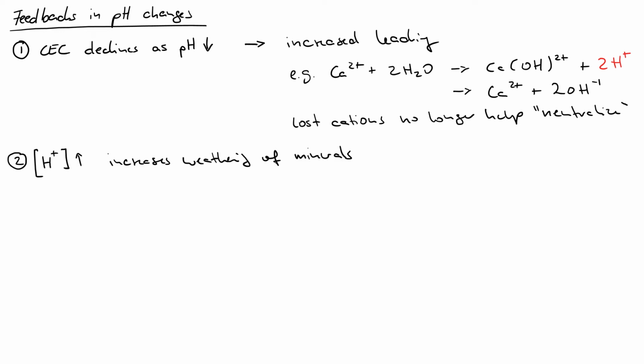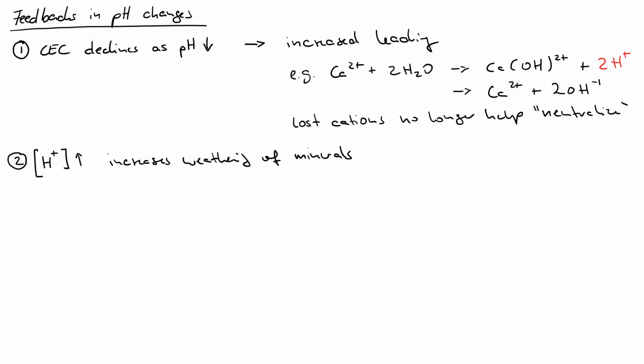The other one is as we increase the acidity of soils, or the concentration of protons, we also increase the weathering of minerals, which sometimes can be a good thing, because as we weather minerals, we also free up base cations, which can mitigate acidification of soils.